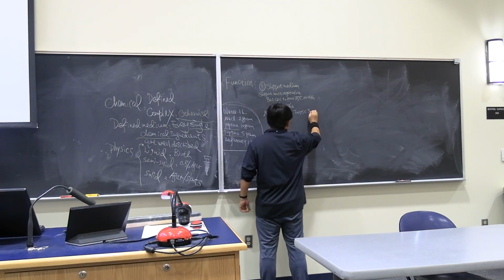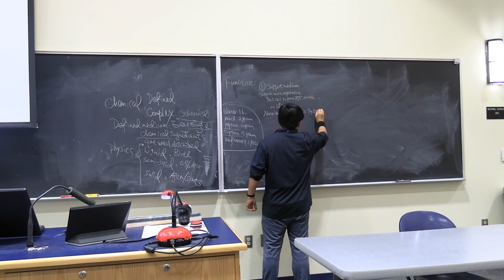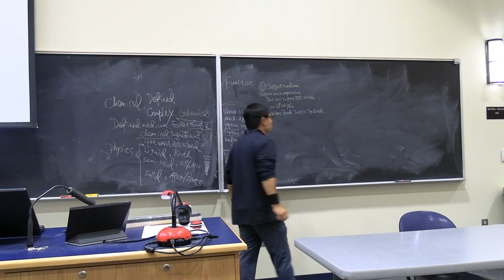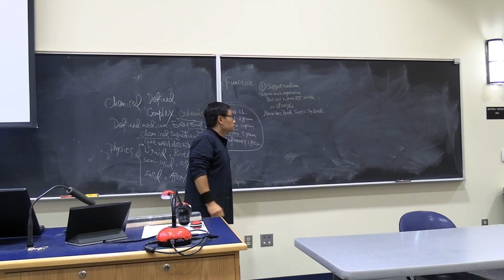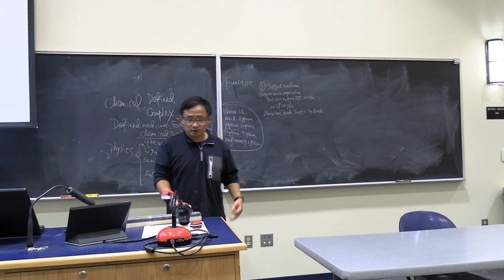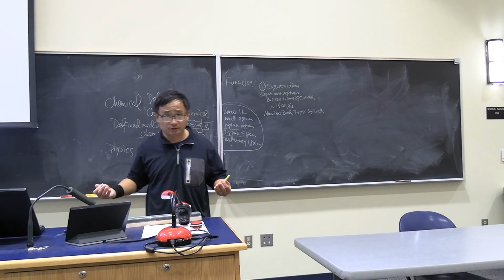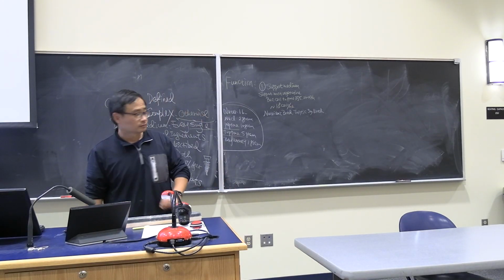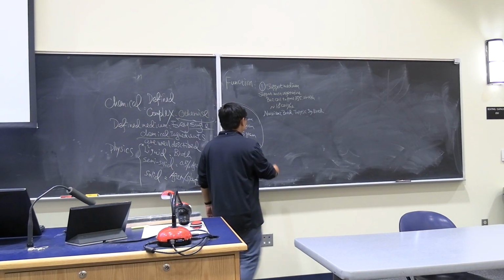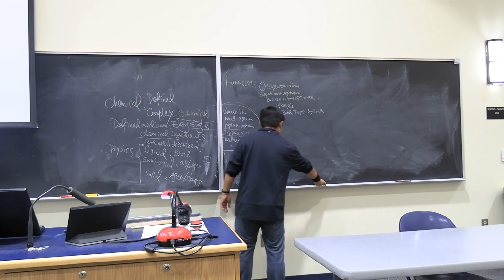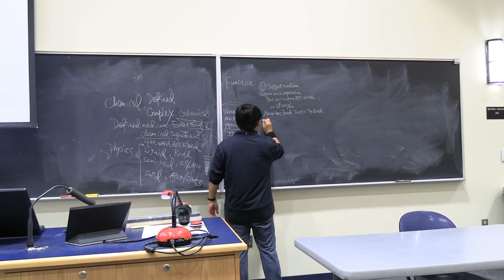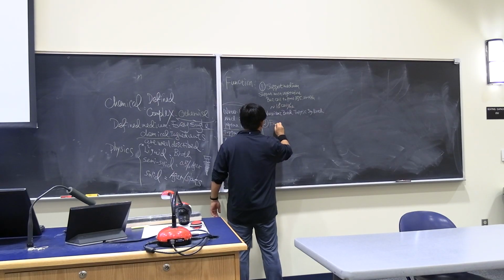Tryptic soy broth is also a typical supporting medium. It supports vegetative cells, just general common bacteria like E. coli. Okay, it's a supporting medium. Second, enrichment medium.